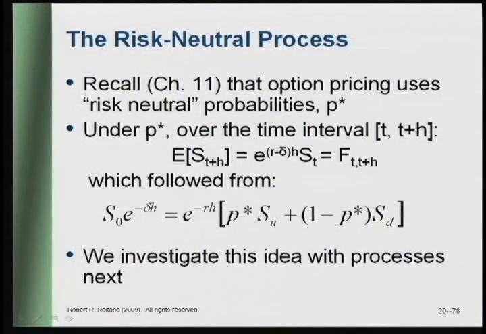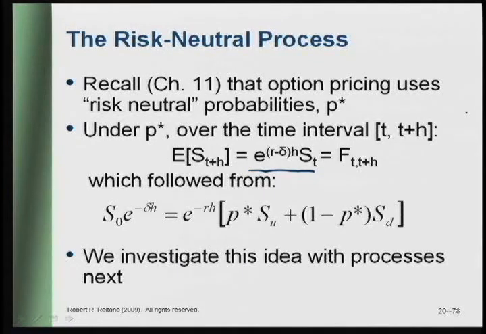From Chapter 11, we have P star, as I just mentioned, and under P star, we saw that the expected value of the future stock price is equal to the forward price of that stock. So under P star, we can derive that over any interval of time, from time t to time t plus h, the expected value of the stock price at time t plus h is in fact the forward value of the stock price from time t.